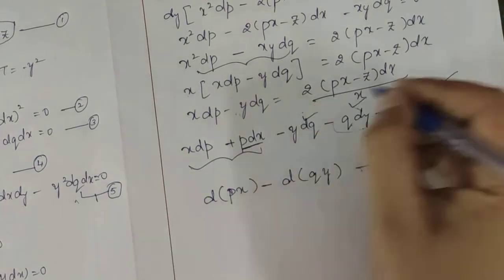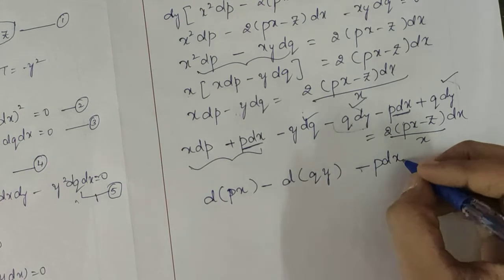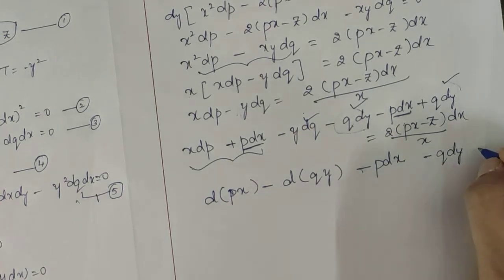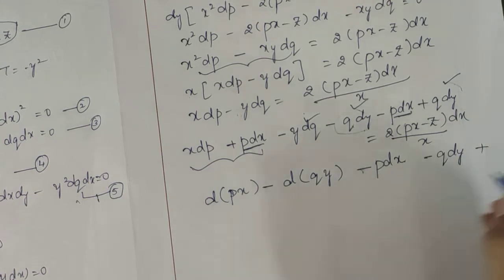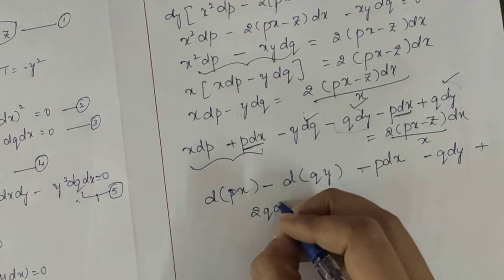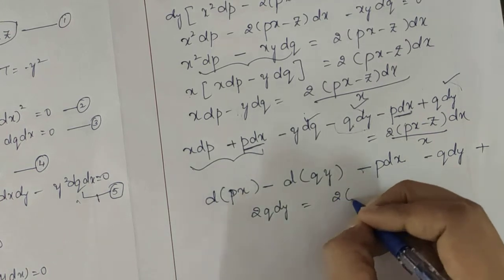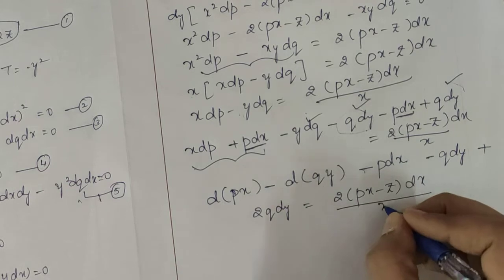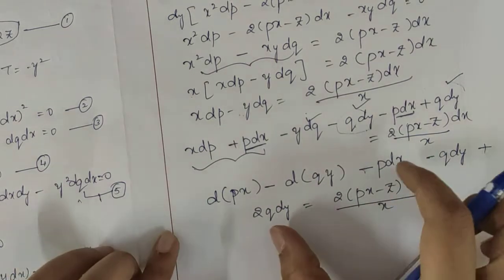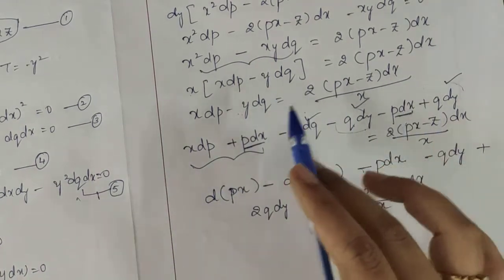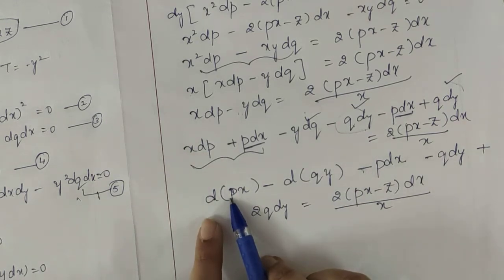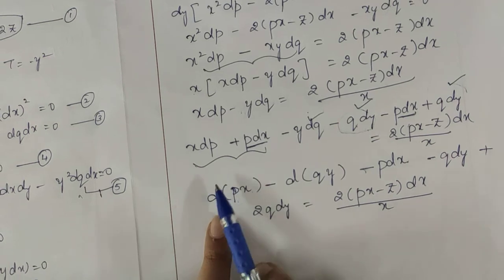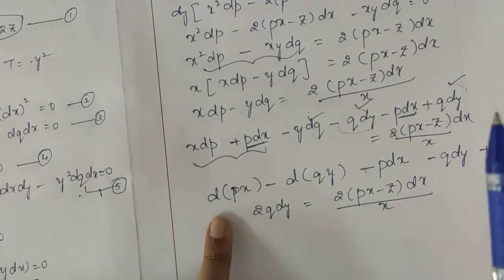Okay, so minus p dx minus q dy plus 2q dy is equal to 2 times of (px minus z) into dx divided by x. So if you simplify this, again you will get the same thing, because if you differentiate p and x, that is you will use the product rule of differentiation here, you will get x dp plus p dx itself, right?